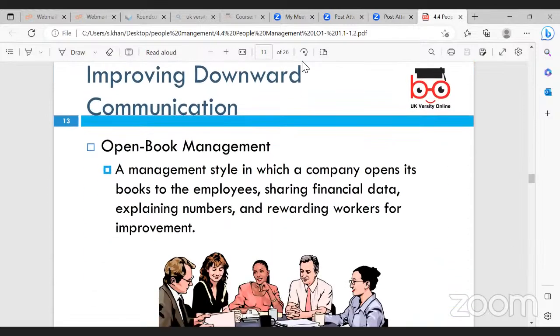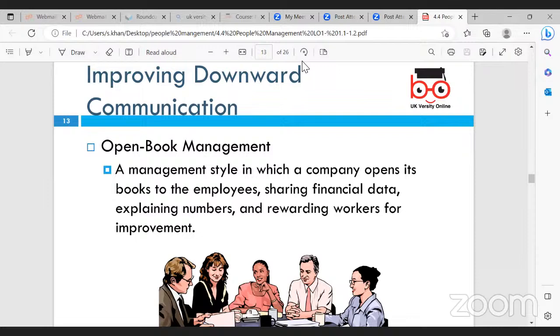Then you've got improving downward communication, so open book management, a management style in which a company opens its books to the employees, sharing financial data, explaining numbers, and rewarding workers for the improvement.